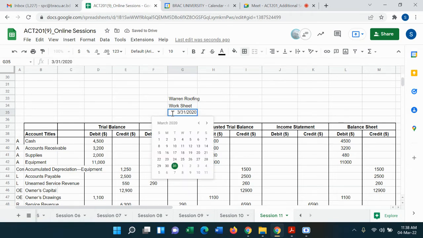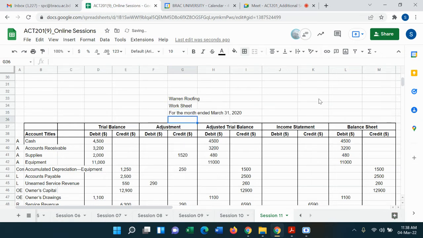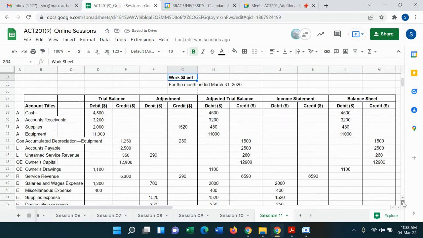In the worksheet, we should not mention a specific date; if the duration is a month, then the month-end date, March 31, 2020. Showing all the activities from trial balance to financial statement in a single statement is known as a worksheet. Have you got it?